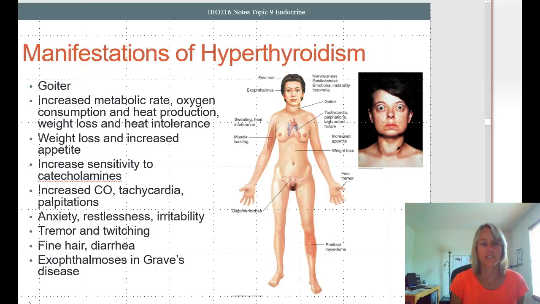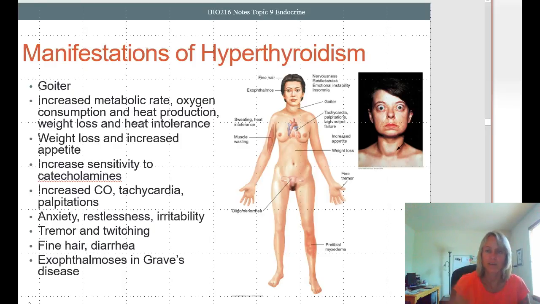We have increased sensitivity to catecholamines, because remember, thyroid hormone causes upregulation of catecholamine receptors. And this can lead to increased cardiac output, tachycardia, and heart palpitations. It can cause anxiety, restlessness, and irritability, tremor and twitching, fine hair, diarrhea due to increased motility in the GI tract.